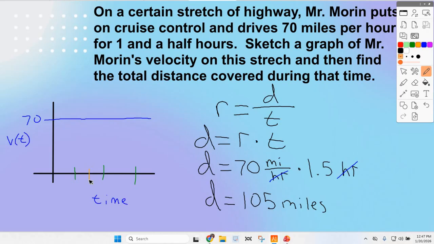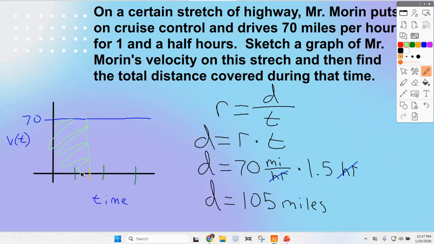Okay, so my rate was my velocity, so that's going to be my height. My time is my length. So if I'm multiplying those two things together, we're going to get an area of a rectangle, which makes sense because area is length times width, so that's what we found. That was our area. We're all okay with that.